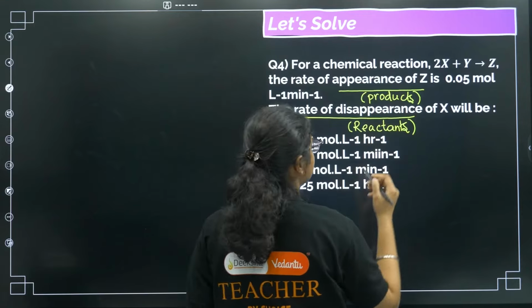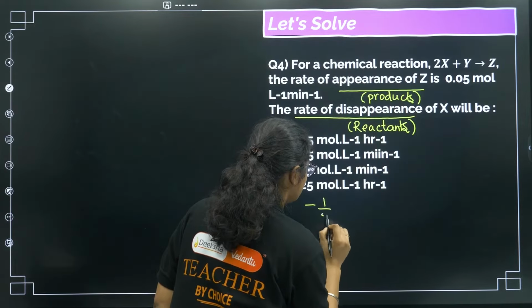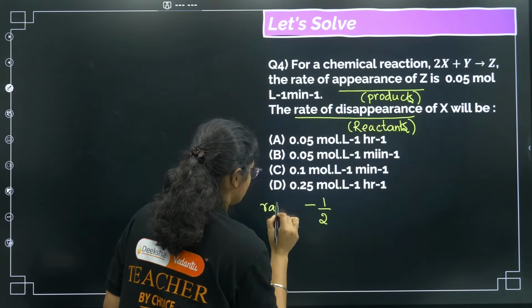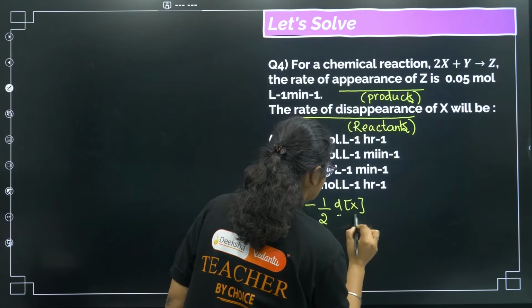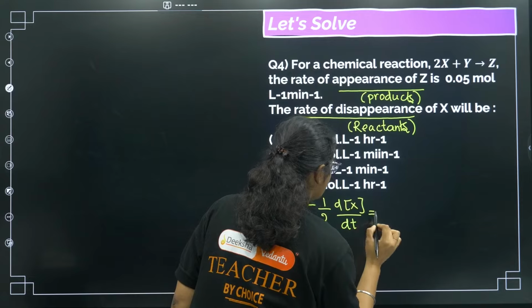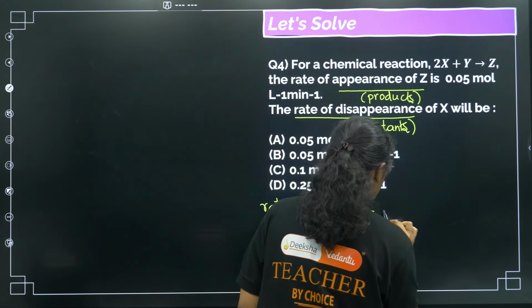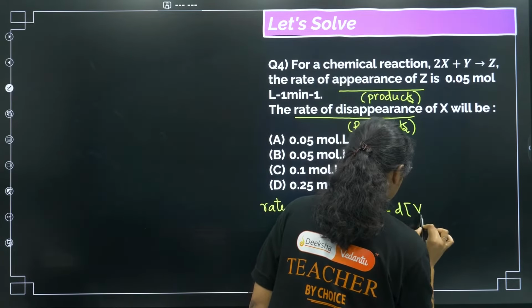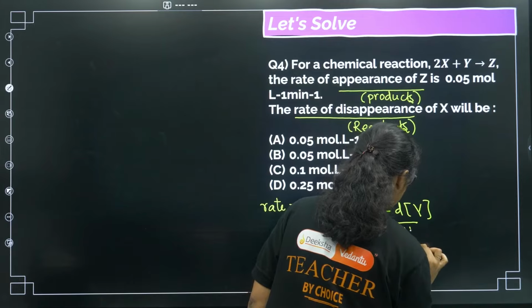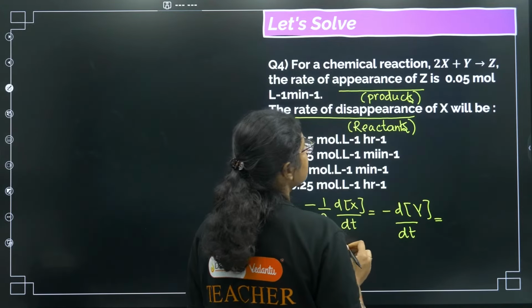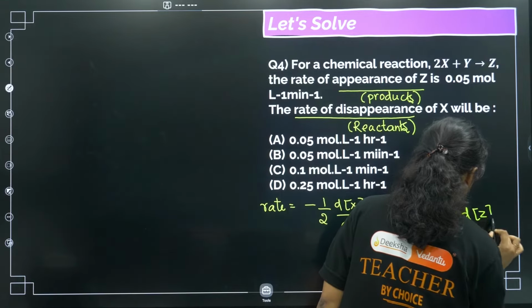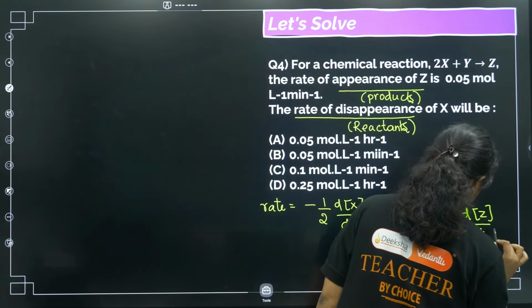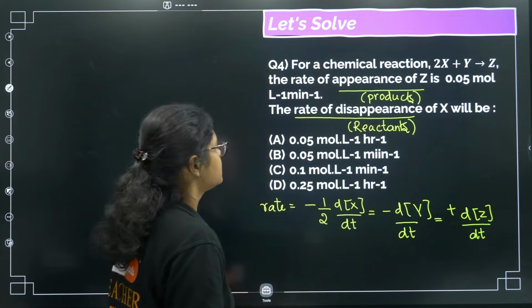Okay, now let us do this one. We can write for this reaction minus 1 by 2. So I'll write rate is equal to minus 1 by 2 dx by dt is equal to minus dy by dt, is equal to plus dz by dt. Now we can solve it.